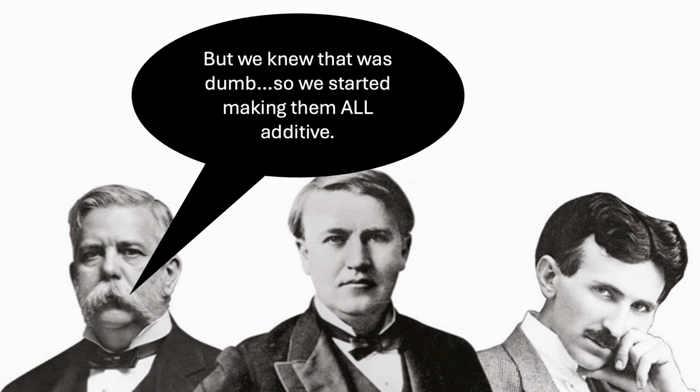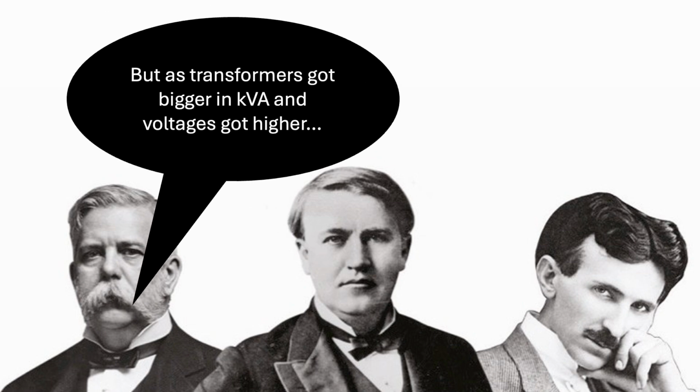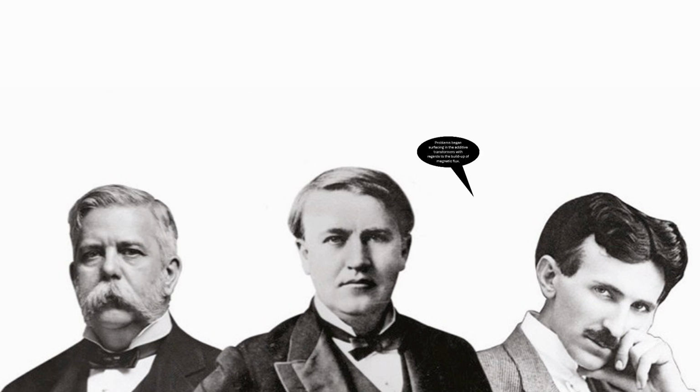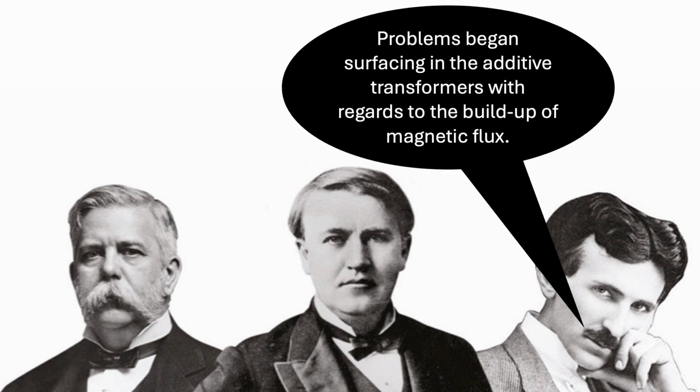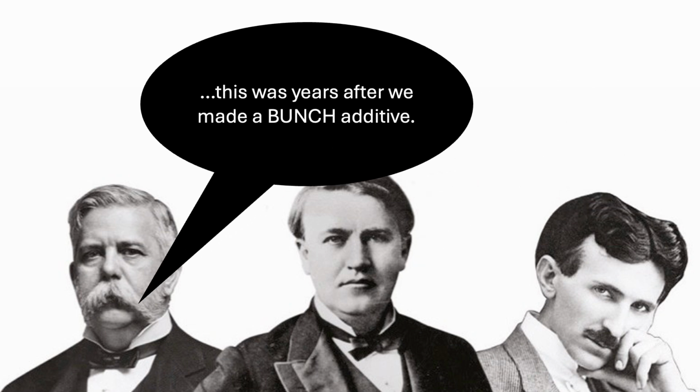But they thought that was dumb, so they started making them all additive for uniformity, which seemed like a good idea at the time. But as transformers got bigger in kVA and voltages got higher, they started seeing problems surface in the additive transformers with regards to the buildup of magnetic flux. You had transformer windings burning up and failing as a result.